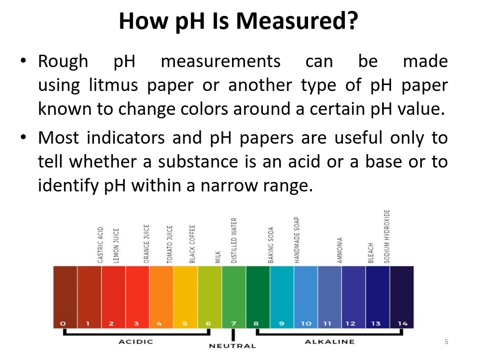These are strips of paper that have been treated with an indicator. Another most common method is a pH meter, which involves a pH sensitive electrode, usually made of glass, and a reference electrode.